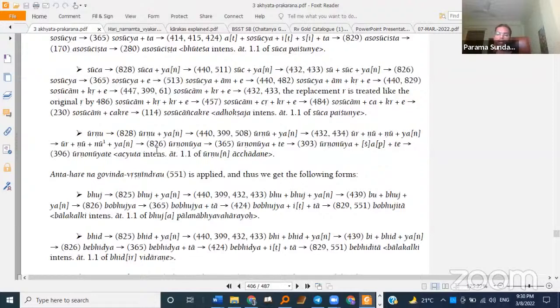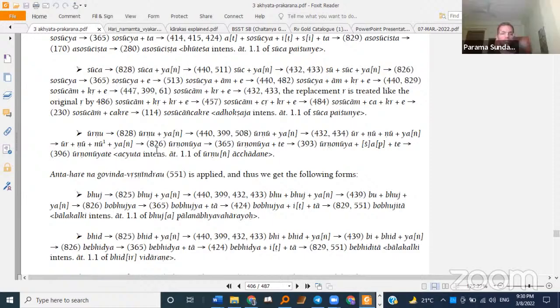So ra is not included. And then Narasya Govinda Yangi. So we get Urno Nuya. Dante Shab. So Urno Nuyate.